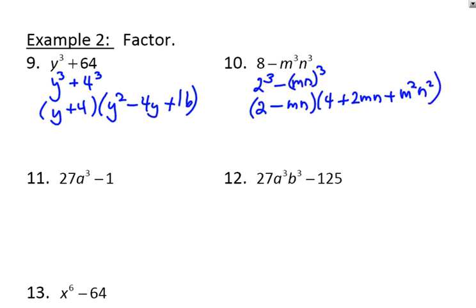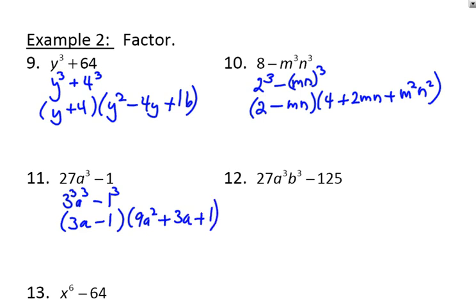Number 11, this is going to be 27a cubed minus 1 cubed, so 3 cubed a cubed minus 1 cubed. That's going to factor into 3a minus 1. I can see these are cubes as opposed to squares, so notice that. Then 3a times 3a is 9a squared. Opposite sign, plus. 1 times 3a is 3a. Always plus, and then 1.